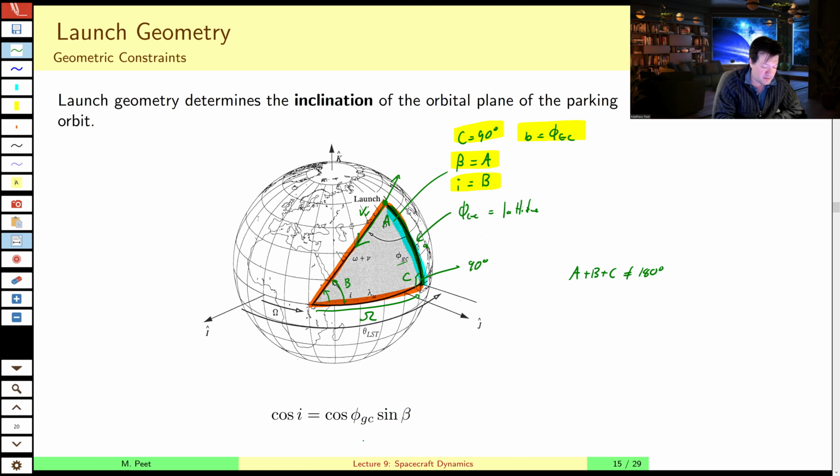In particular, we have this simple relationship which gives a relationship between inclination, latitude, and azimuth. So this is similar to the law of sines, but not exactly.